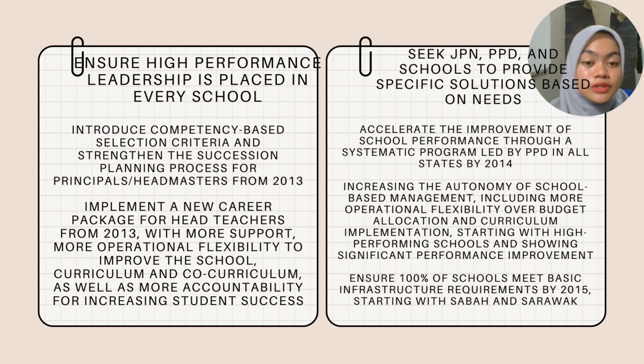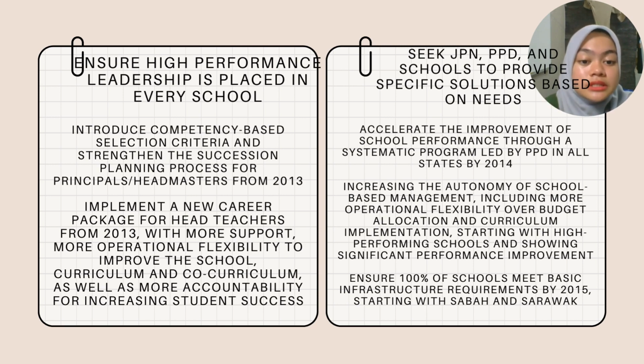Number six is about seeking for GPN, PPD, and schools to provide specific solutions based on need. Okay, below here is about accelerating the improvement of school performance through systematic programs led by PPD in all states by 2014.